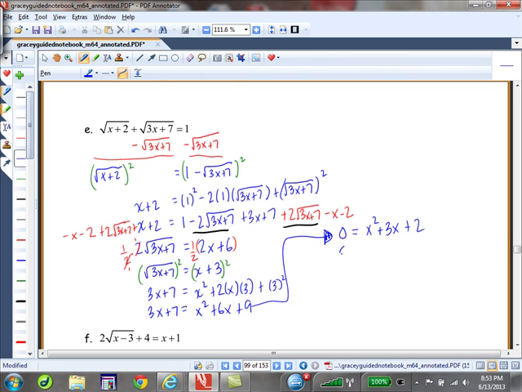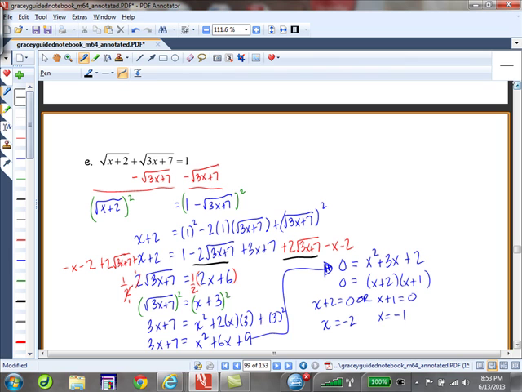And we'll have 0 equals, this factors as x plus 2 times x plus 1. So we'll get x plus 2 is 0, or x plus 1 is 0, using the zero property. So x is -2, or x is -1. So now we need to check our results. I'll just come up here for the check.